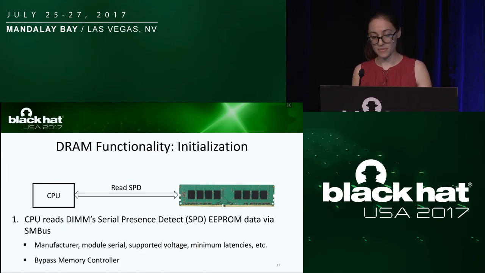So the first thing that happens when you first boot up your system is that the CPU will read a specific portion of the DIMM that is called the Serial Presence Detect EEPROM, and that holds information that is programmed by the manufacturer of the DIMM, and it contains what is the DIMM's module serial, what is the supported voltage that it operates on, what are the minimum latencies it operates on, etc. And this is done through the SM bus.